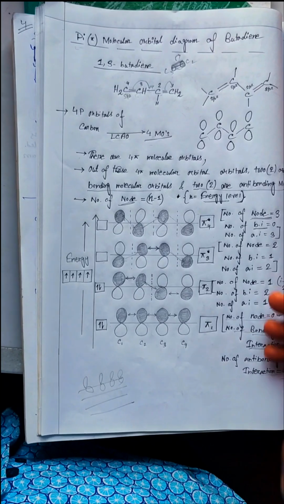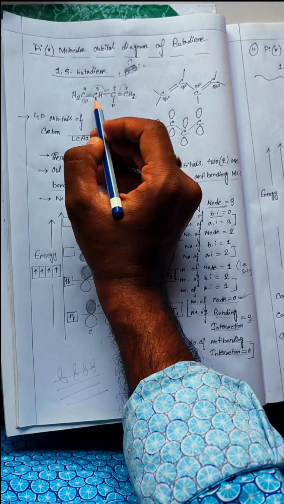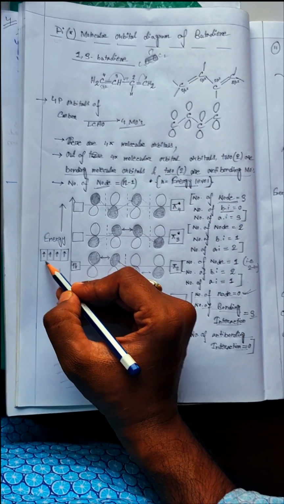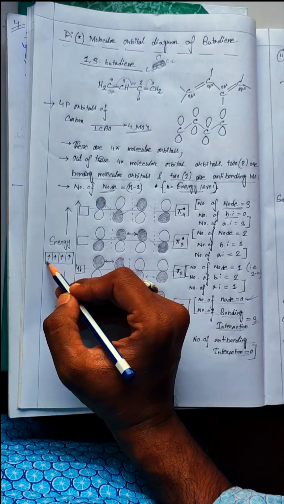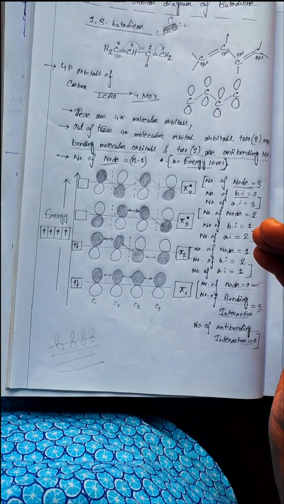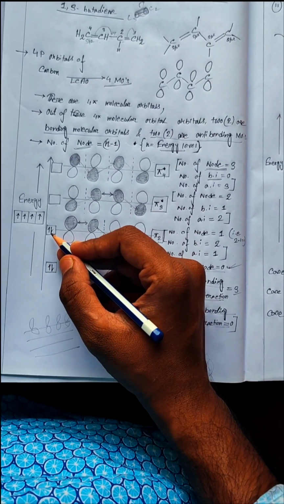Now I have to focus on the HOMO and LUMO. So how many electrons are there? There are 1, 2, 3, 4. There are a total of 4 electrons in this molecule. So I have drawn 4 electrons over here, and just as you fill electrons in molecular orbitals, here also you have to fill the electrons in the pi molecular orbitals.